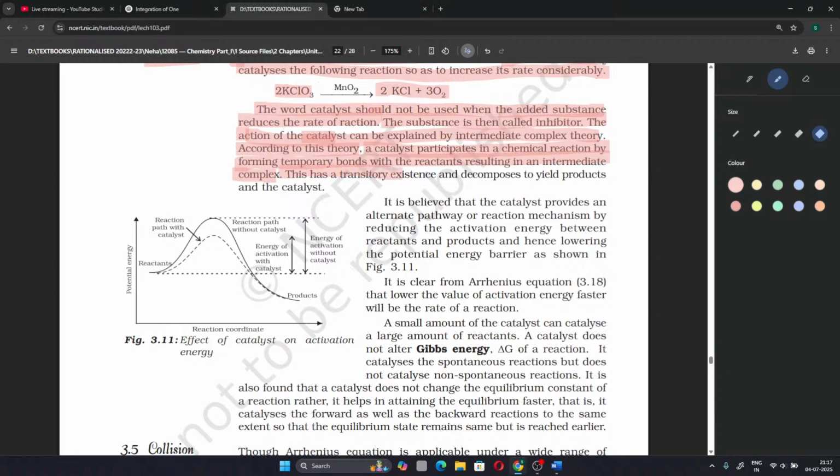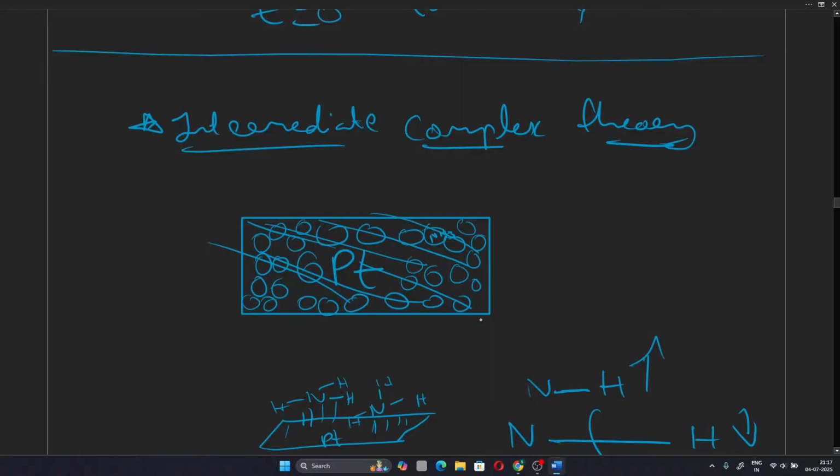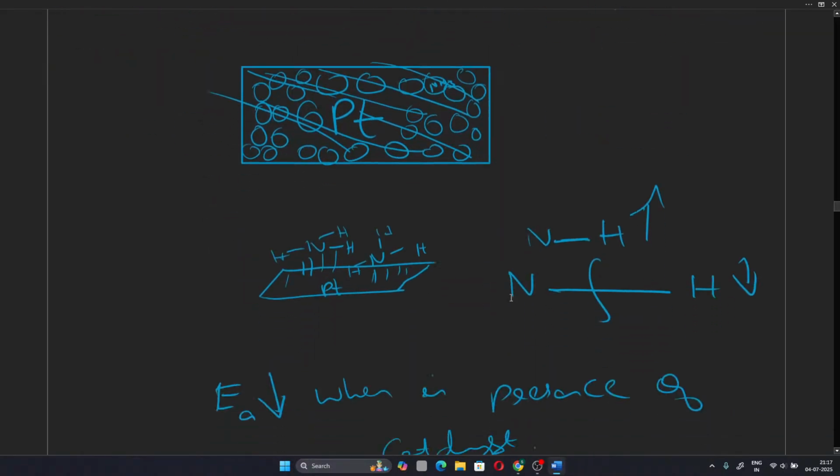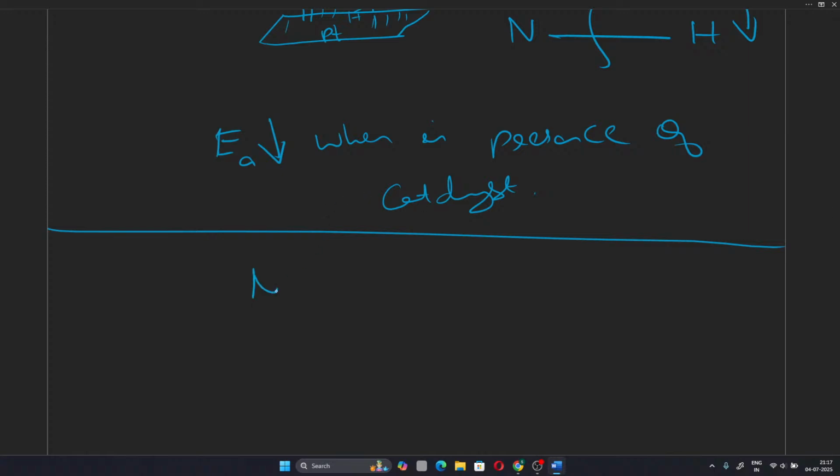This has a transitory existence, meaning it is temporary, not permanent, and decomposes to yield products and the catalyst. The bonds formed here will be broken later, and the normal decomposition of ammonia takes place: 2NH3 gives N2 plus 3H2. This reaction will happen.